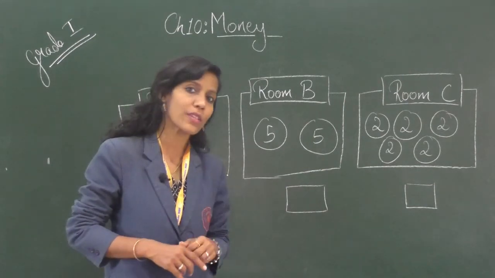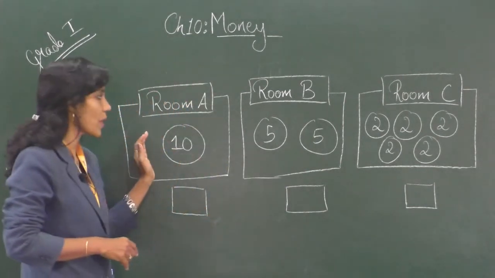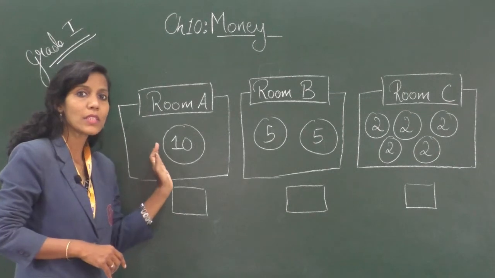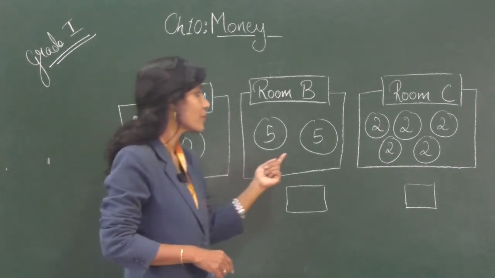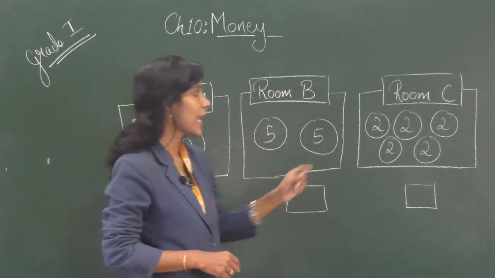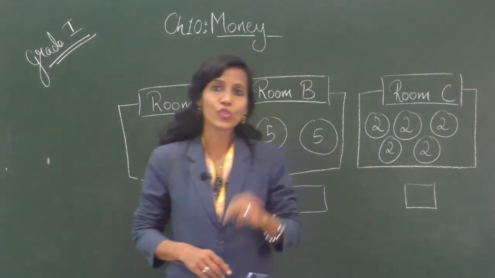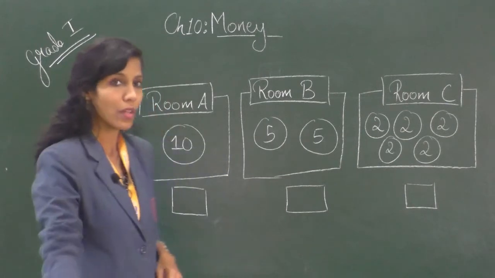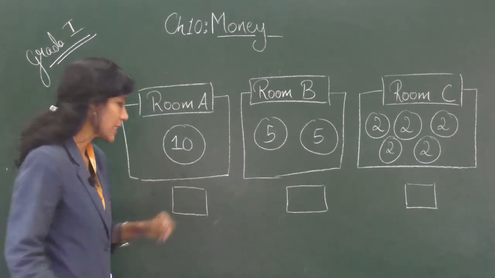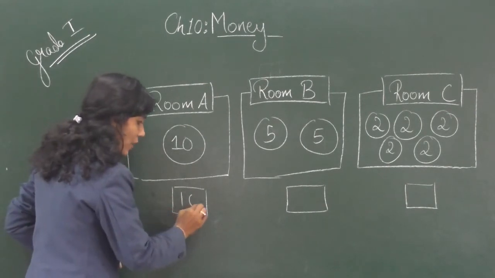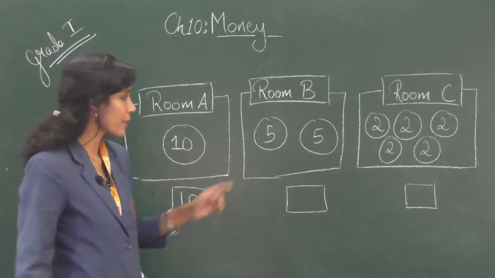She found one 10 rupee coin, two 5 rupee coins and five 2 rupee coins. We all know the value of one 10 rupee coin is 10.